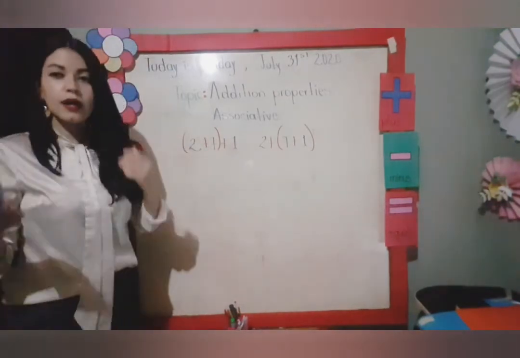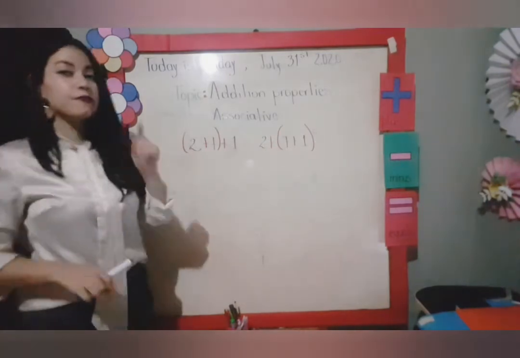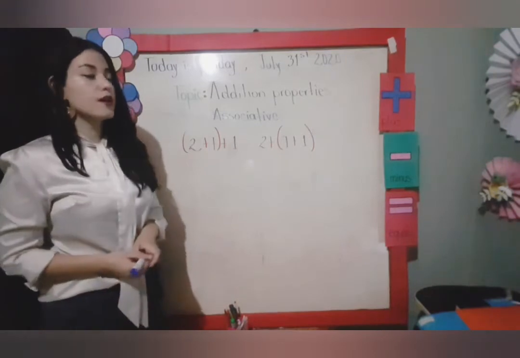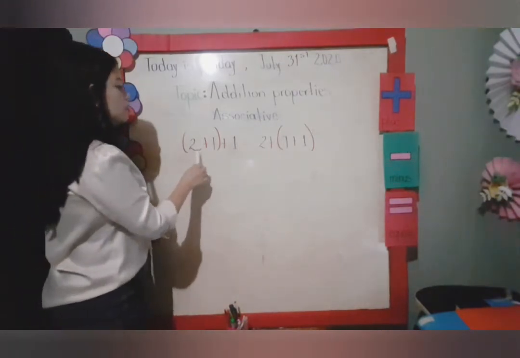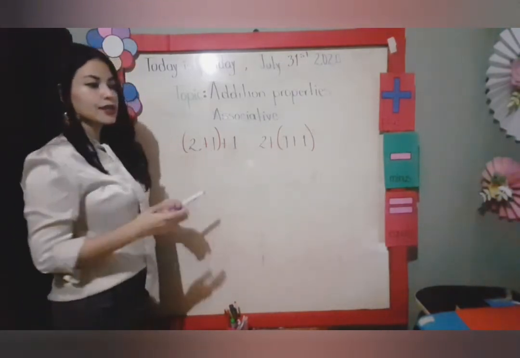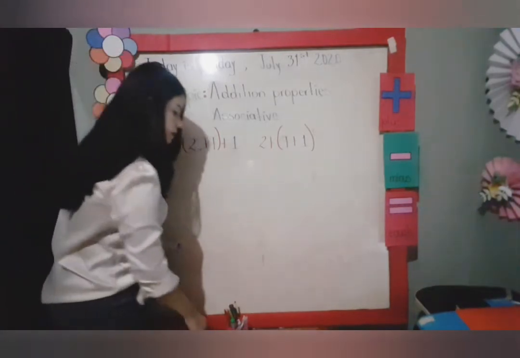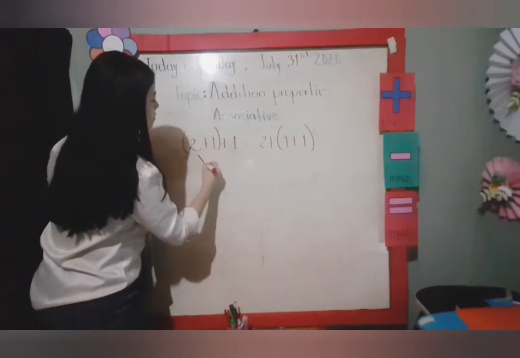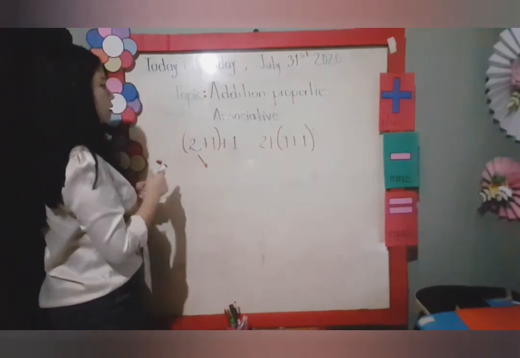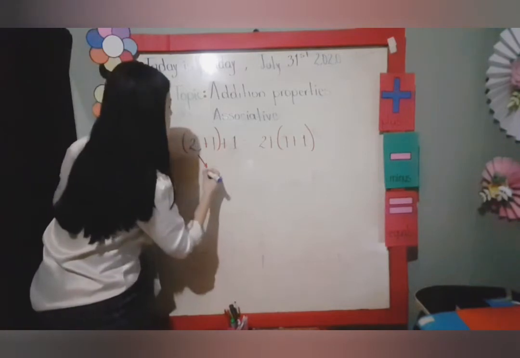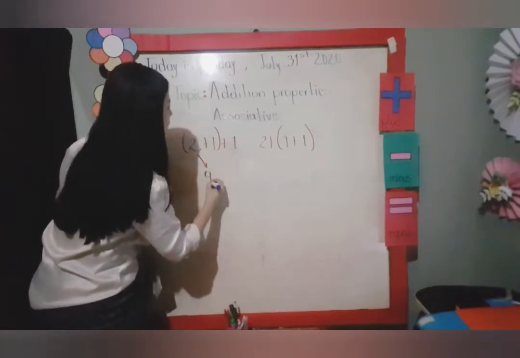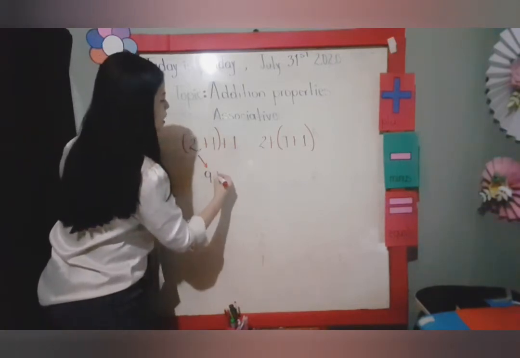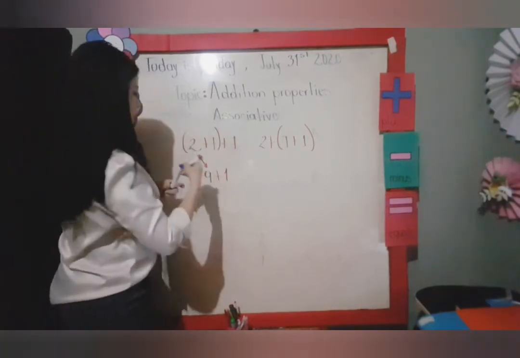Now, first, what are you going to do? You have to add first the numbers in parentheses. For example, here, 2 plus 7 is equal to 9, right? So write the number 9 and write again plus 1.